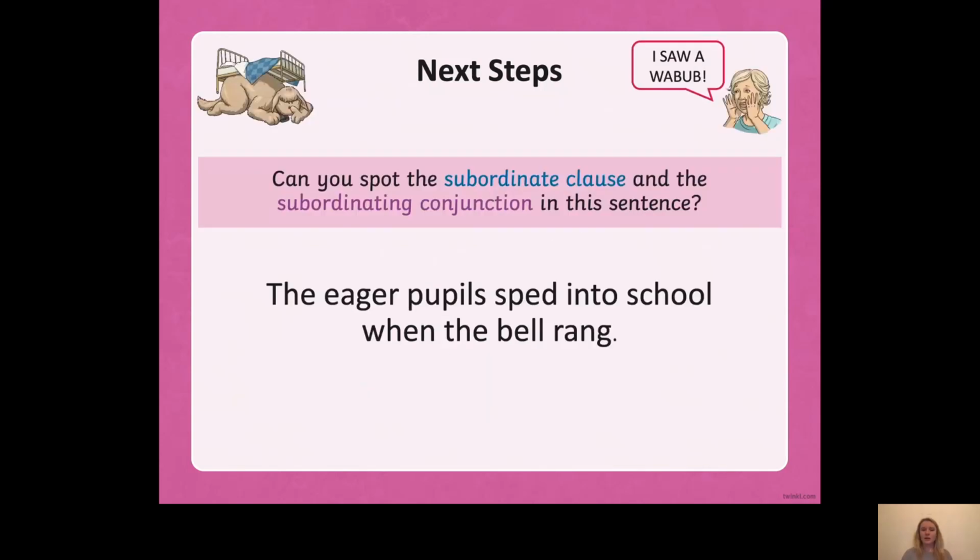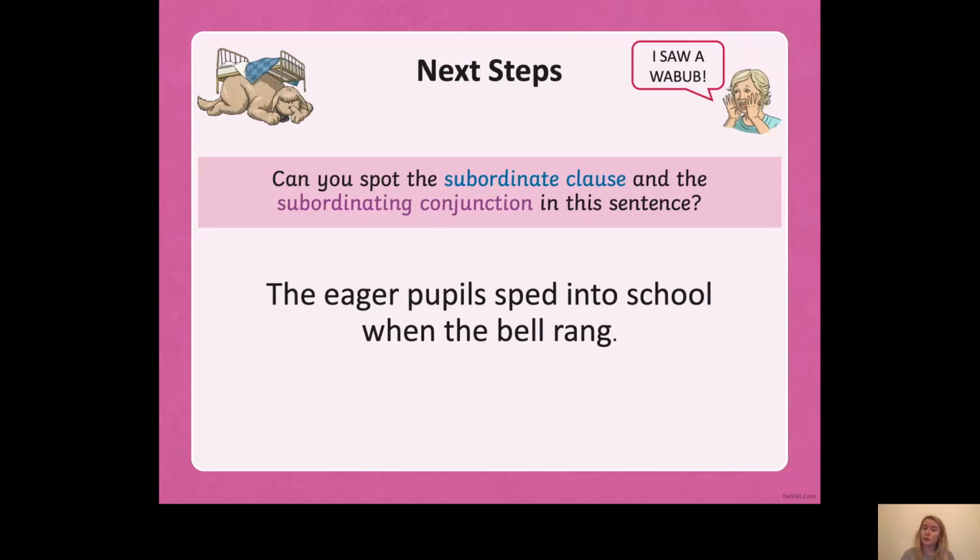So, can you spot the subordinate clause and the subordinating conjunction in this sentence? Well, I remember that the subordinating conjunction comes at the beginning of my subordinate clause. So, where is the subordinating conjunction in this sentence? The eager pupils sped into school when the bell rang. Oh, one of my subordinating conjunctions. When. There we go. There's the subordinating conjunction, but where is the subordinate clause then?